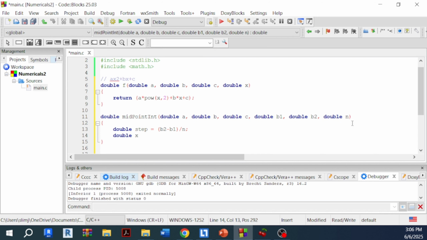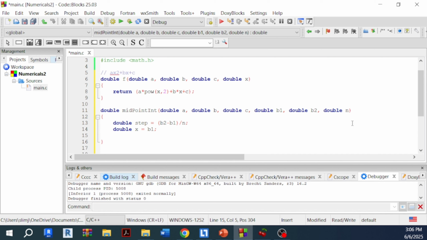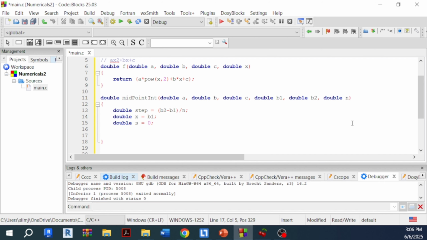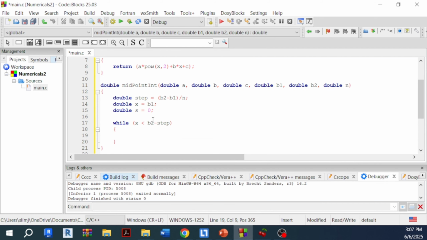Now, double x is equal to b1. This is where the integration should start, at b1. And double s is equal to 0. That will keep adding up each area of the integral as the interval moves from x to x plus step, to x plus step, etc. We need to loop while x is less than b2 minus step, which is the point where x sits at the last interval.